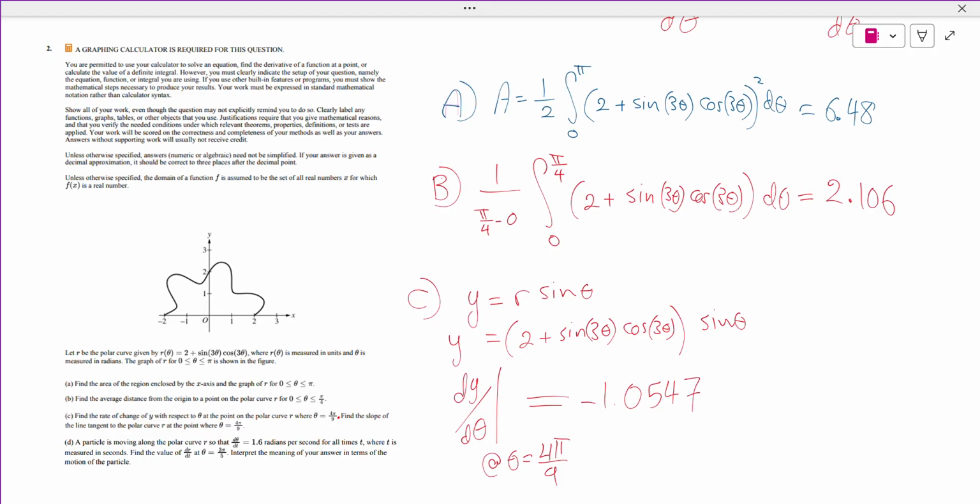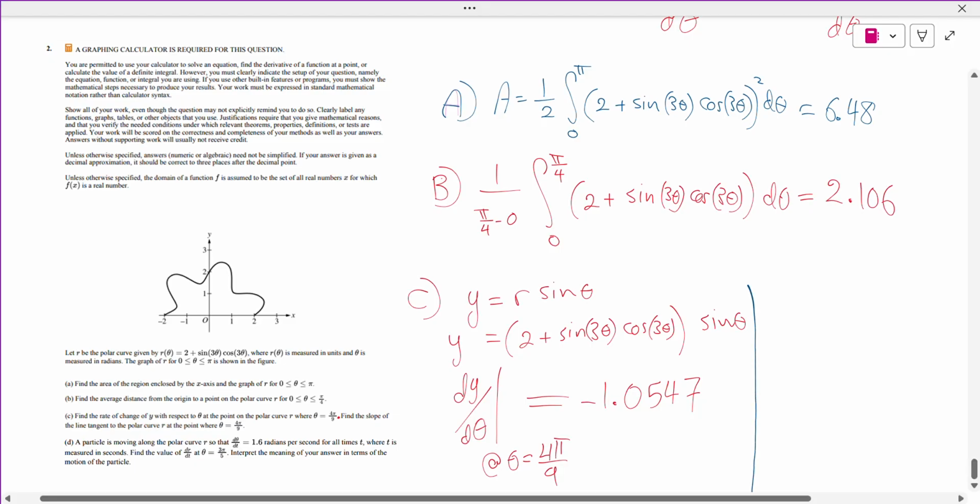This is dy over d theta, evaluated directly by the calculator. This is the first thing, but we need to do the same for x, because we need to find the slope, right?